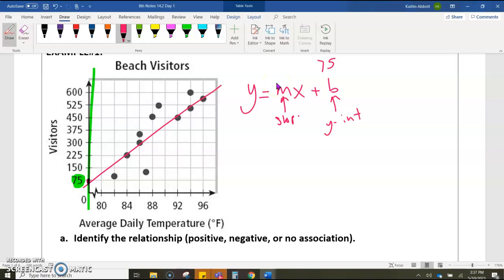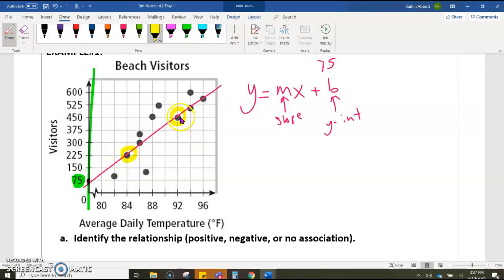Next we'd find m, and m is the slope. All we do is take two points on our line, maybe two nice ones. I'd take this one and this one, because they're both on my line and both on nice intersections, like crosshairs. I wouldn't pick this one, it's floating in the middle and I don't know exactly what number that is.